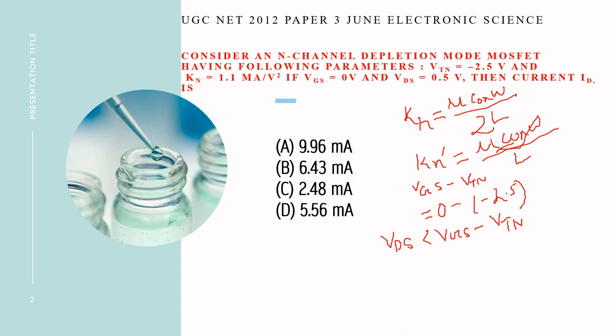So in this linear region, what is the ID current value? ID equal to, what do we write?